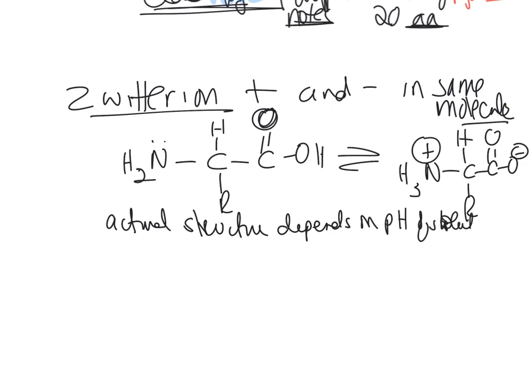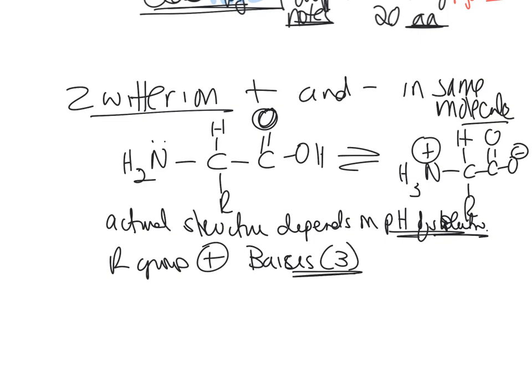A lot of times the way scientists will isolate different proteins is by changing the pH of the solution. So different R groups, it's all about the R groups, get protonated, and that would be basic. Remember, there's 3 basic R groups, and different R groups can get a negative charge, and those are your acidic, and those are 2.